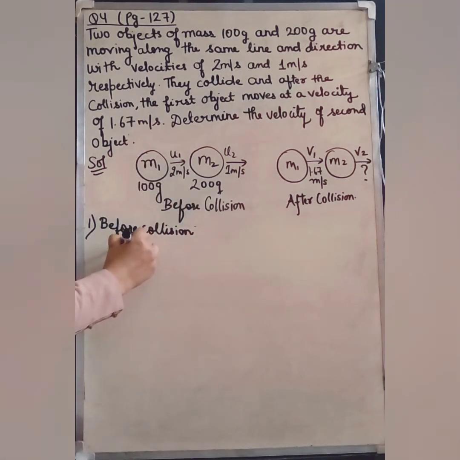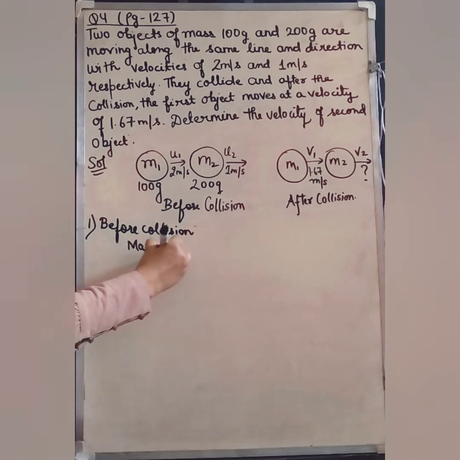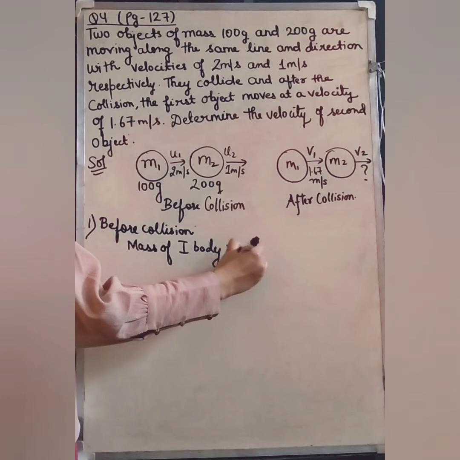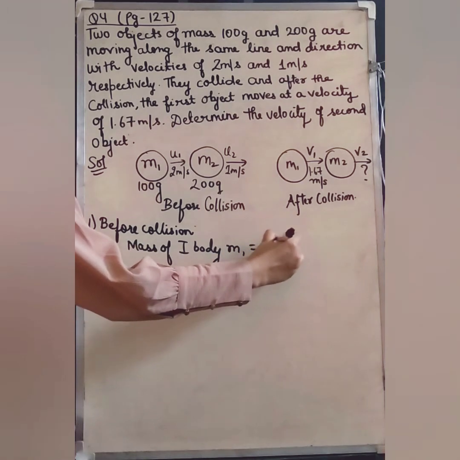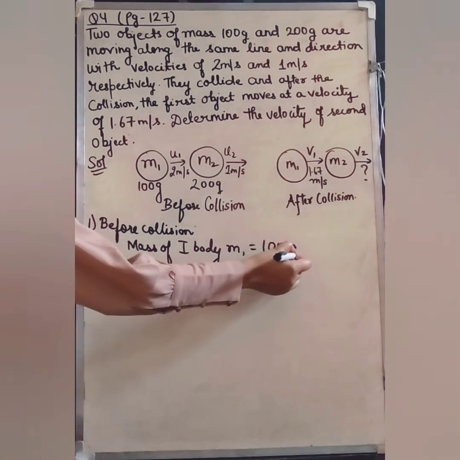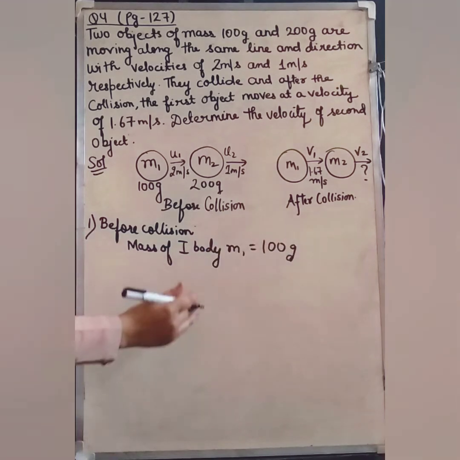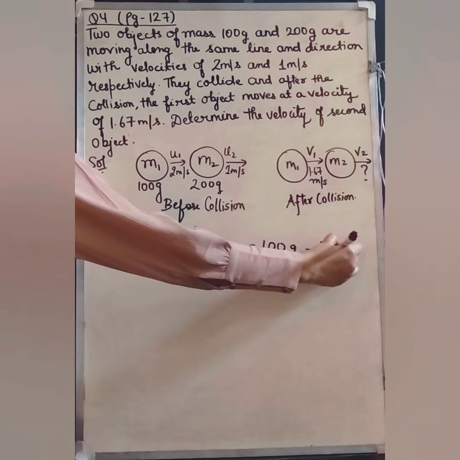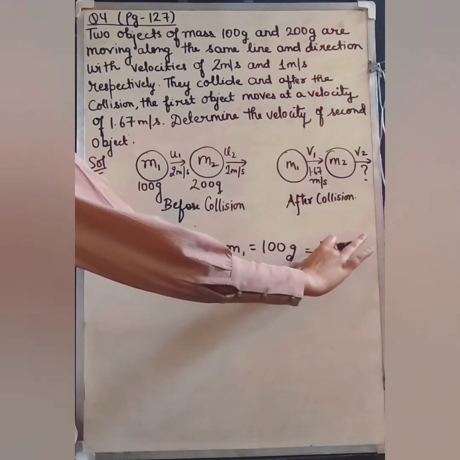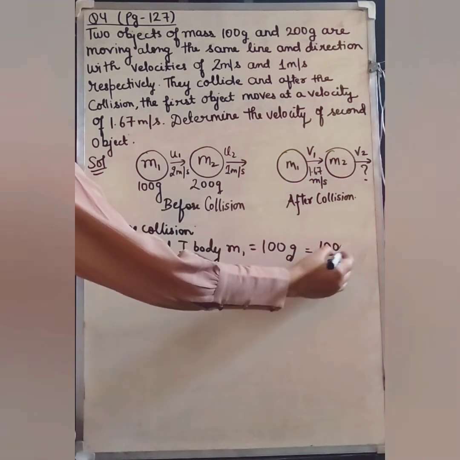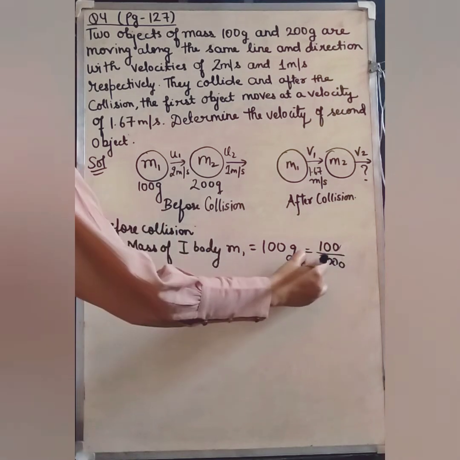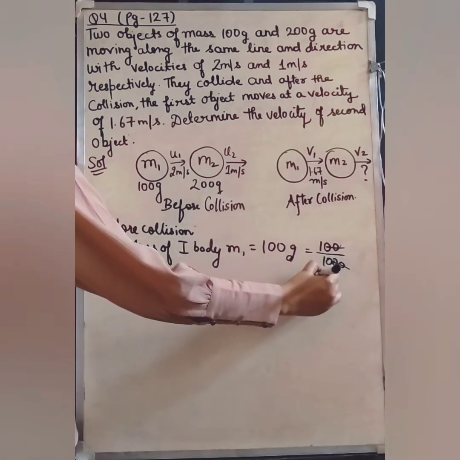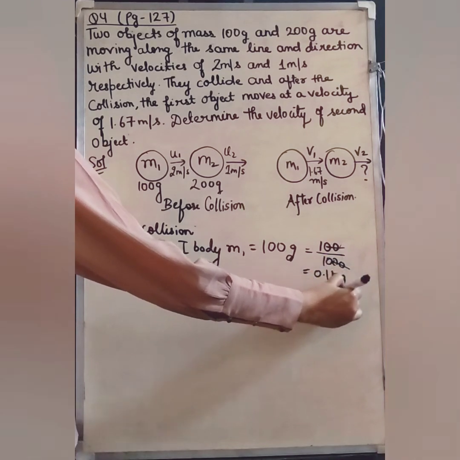Here the mass of the first body is, let's suppose, m1 and it is given 100 gram. Now this gram is not in the SI unit. The first thing we have to do is to convert 100 gram into kg. So I will simply divide it by 1000 and 2 zeros cancel and I will get 1 upon 10, which is 0.1 kg.